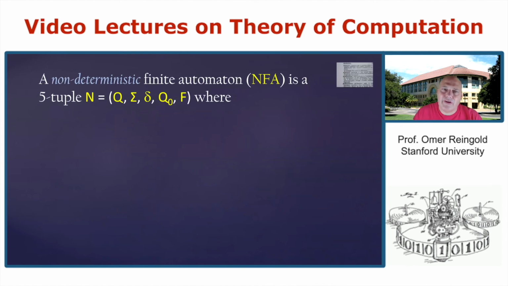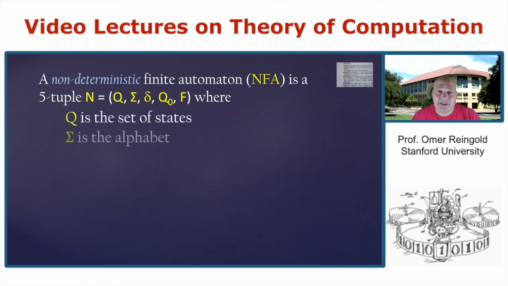Now let's define it more formally, still as a 5-tuple, although we are in non-deterministic finite automata, but there will be a slight change in the notion. So a 5-tuple is an NFA where Q is still the set of states, sigma is still the finite alphabet.